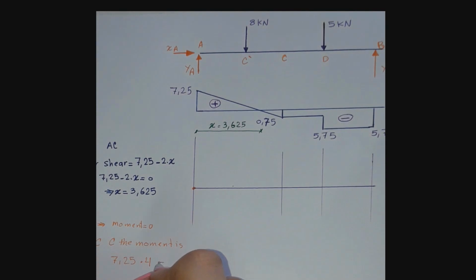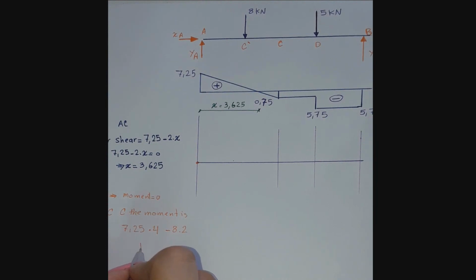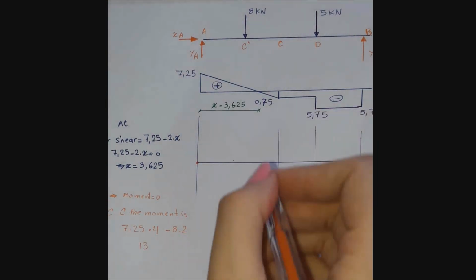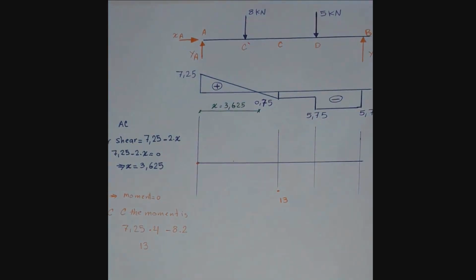Then we have minus 8 times 2. So the moment is 13. At point C, we have 13.